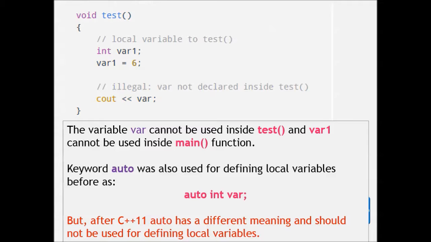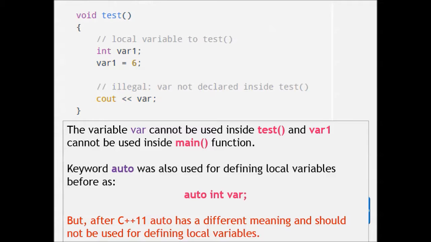We pass a value 6 to this var1 variable, and now this var1 variable is a local variable for the function test, because we are only able to use this var1 between these two curly braces. Outside of these two curly braces we are unable to use this variable.